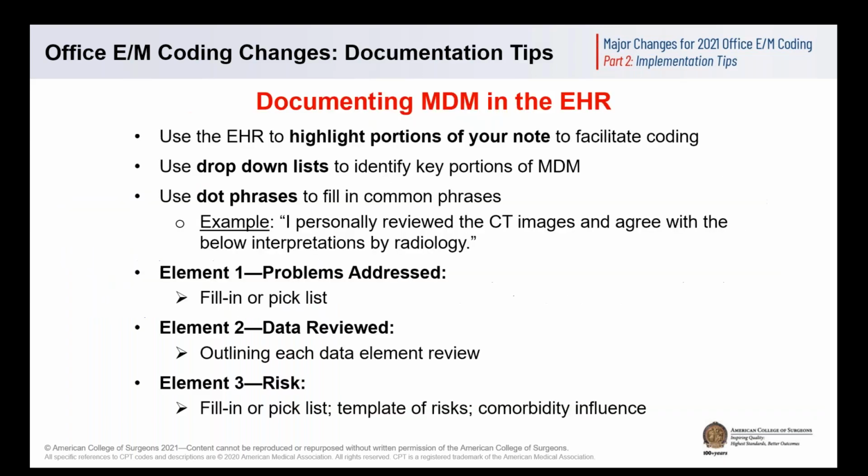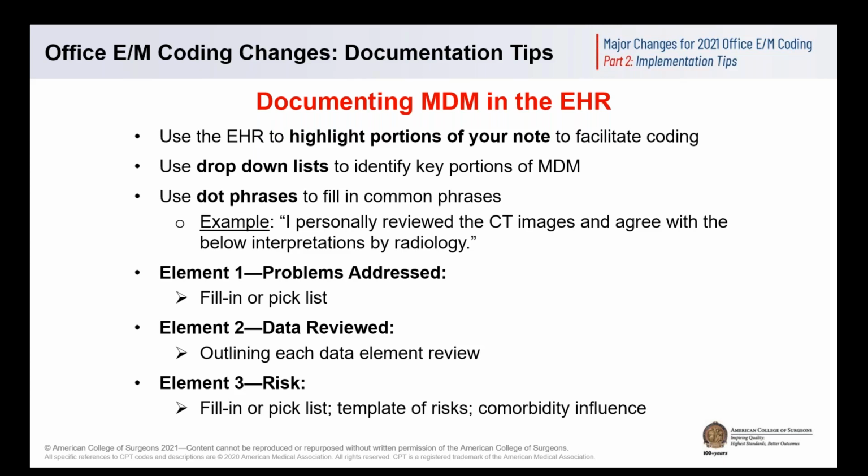Next slide. The next 2 slides, I want to focus on some tips that I've done within our electronic health record. Now, we all have different versions, so some of these may be a little bit more specific to the version that I use, as well as some that can be more applicable to other versions. So one of the things that you can do, you can use the EHR to highlight portions of your note, similar to how we did in some of the examples that we've given, and that can facilitate coding.